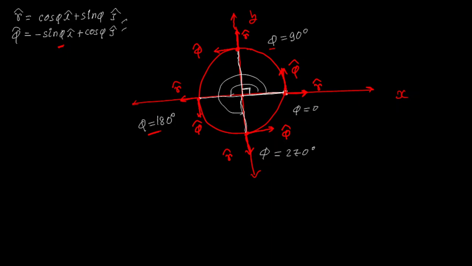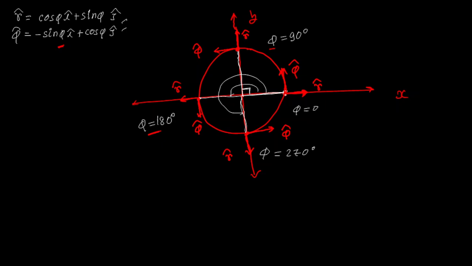And let's say we keep the value of phi fixed at this point, and we want to increase the radius, it will increase in this direction, the positive x direction. That's why I'm saying that this r cap represents the direction in which r increases when phi is fixed.